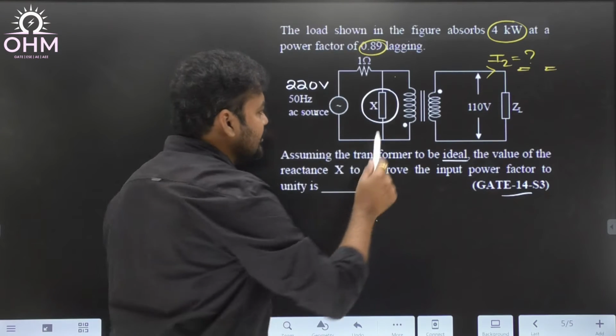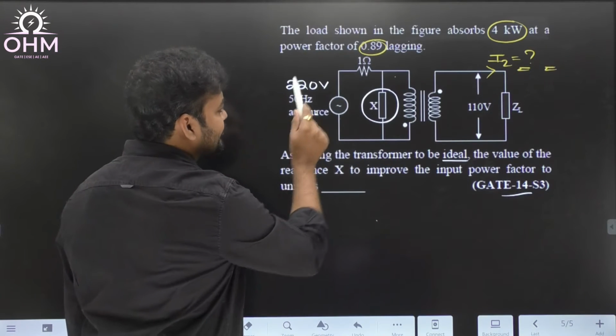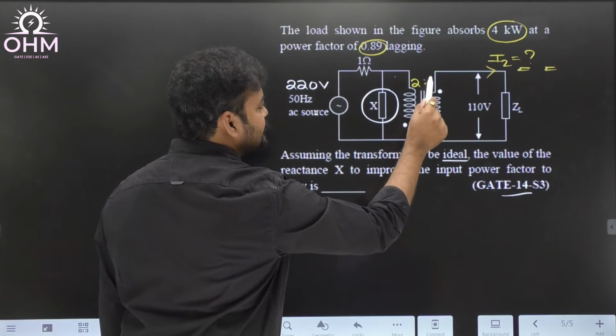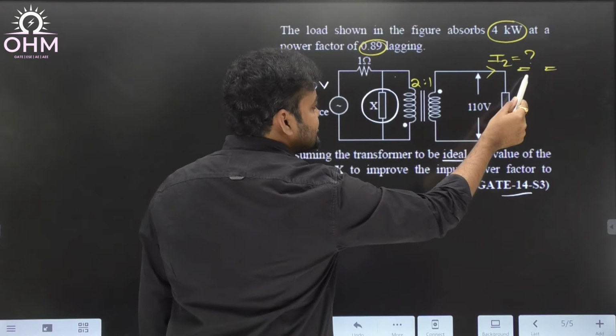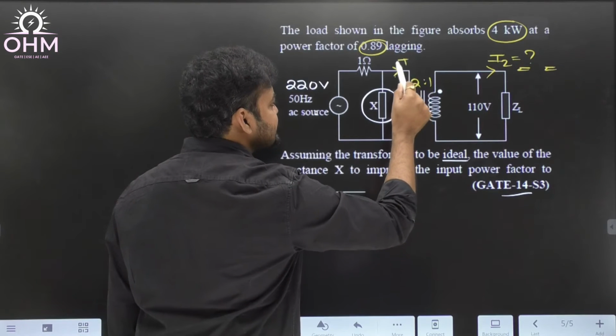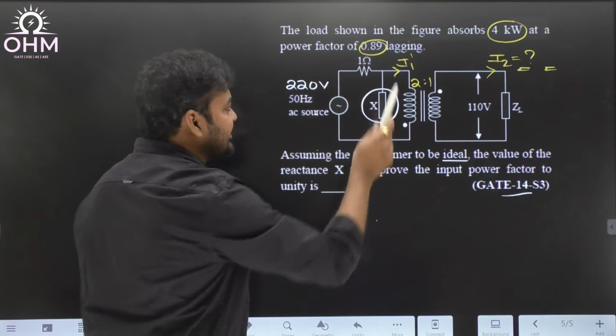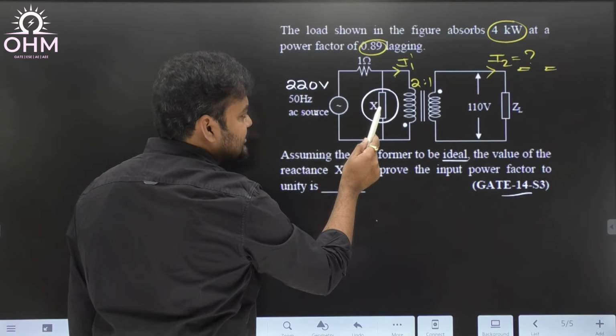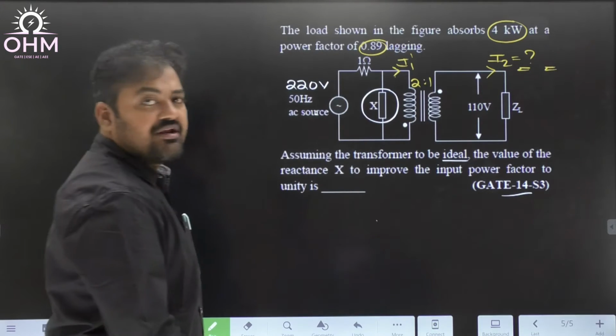Now using the turns ratio, 220 by 110 volt transformer means the turns ratio is 2:1. Using this turns ratio, transfer this reactive component to the primary, let's say that is I1 dash. Now if that reactive component is compensated by this reactance X, then the overall input power factor can be unity.